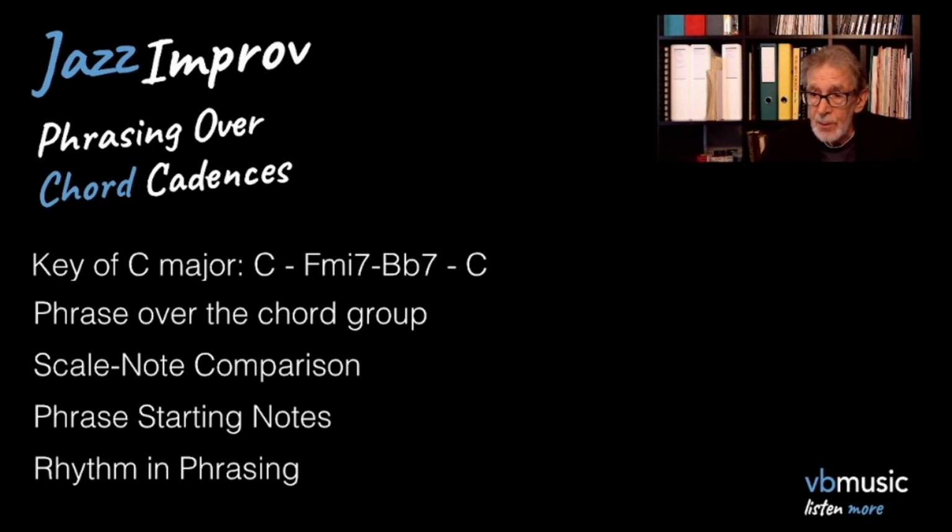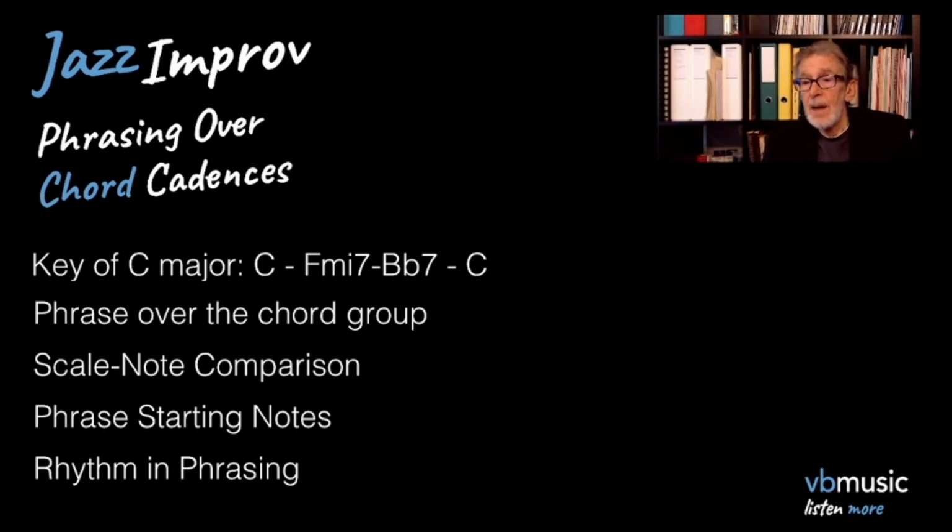Perhaps we have a C major 7 first, then we have an F minor 7, B flat 7, and then C. So if we were to construct a phrase or little melody over that, rather than thinking C major 7 as just alone, we want to think of C major 7, F minor 7, B flat 7 to C as an entire unit. In other words, we want to conceive of a phrase which will cover all of those chords.